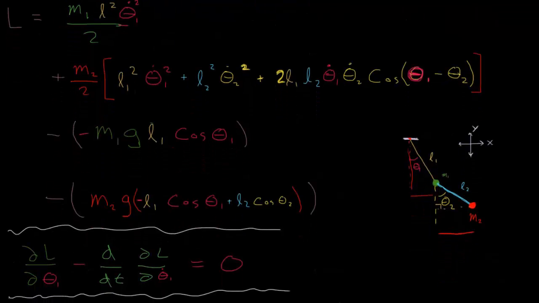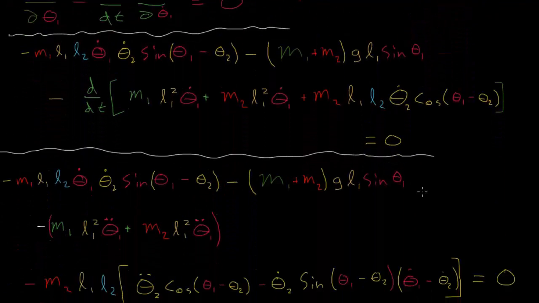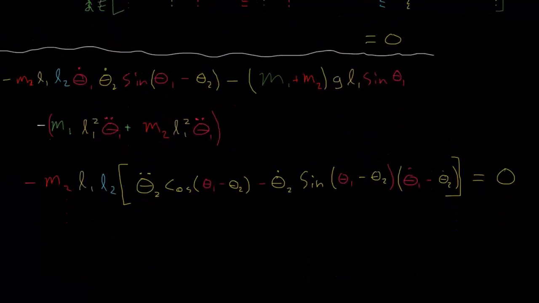It looks like it's supposed to be M2, so I wrote it in red, which was correct. This is M2. Right, so these do cancel. M2 L1 L2, M2 L1 L2.